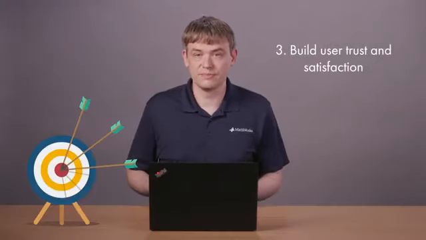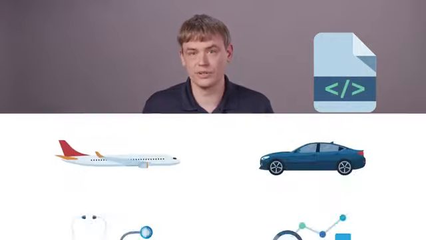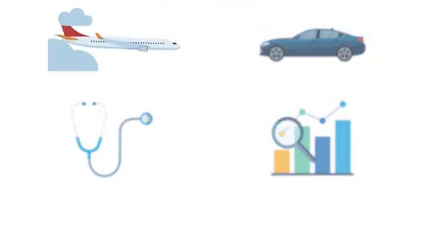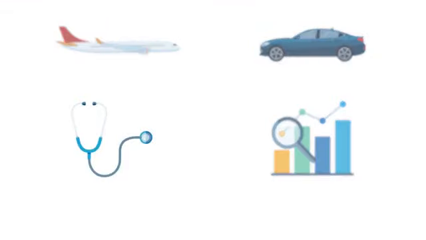A third goal is to build user trust and satisfaction. Have you ever been afraid to touch an old piece of software out of fear you might break something? Well-tested software is more likely to be used, trusted, and recommended by users. This is especially true for safety-critical and tightly regulated industries such as aerospace, automotive, medical, and finance.